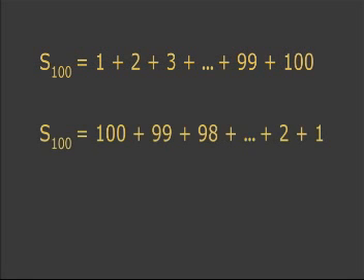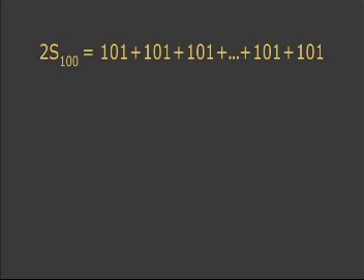Then, we write the sum in reverse order. Notice that when we add each pair of terms together, we are left with the same sum, 101.